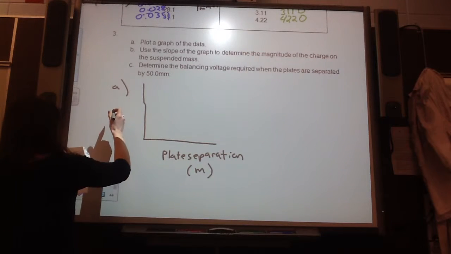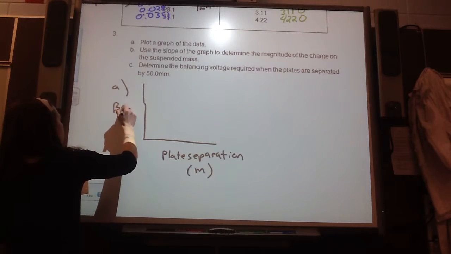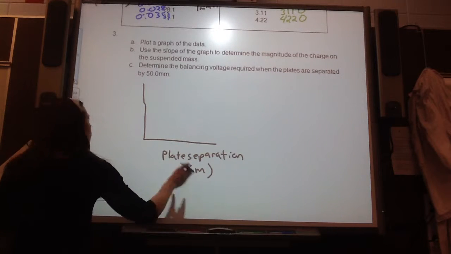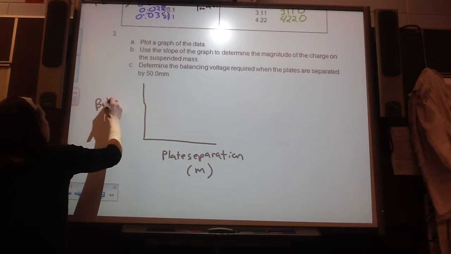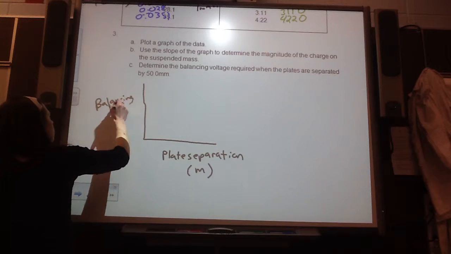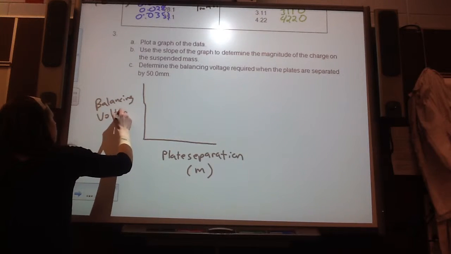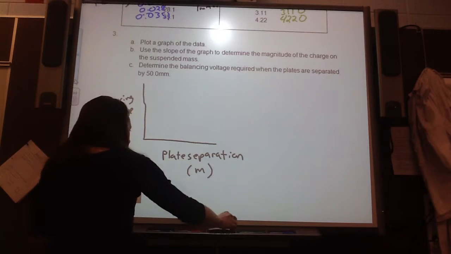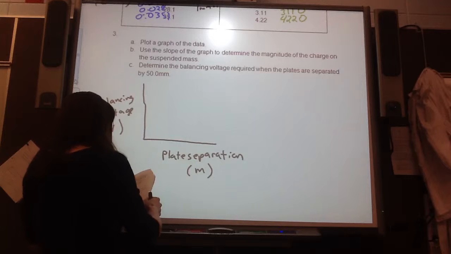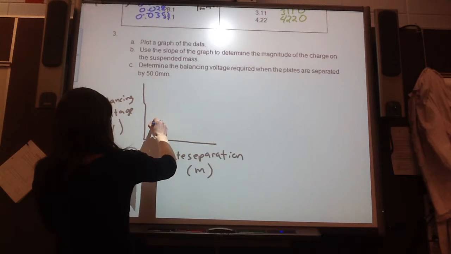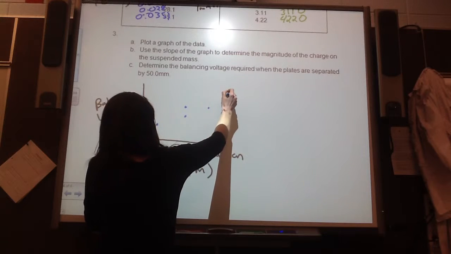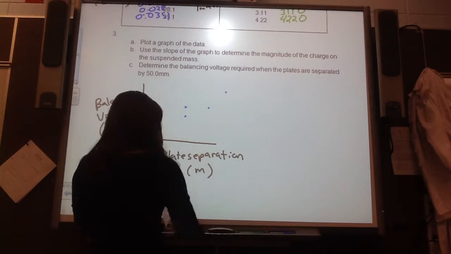And then on this side, we have our balancing voltage in volts. And so our plot looks something like so.